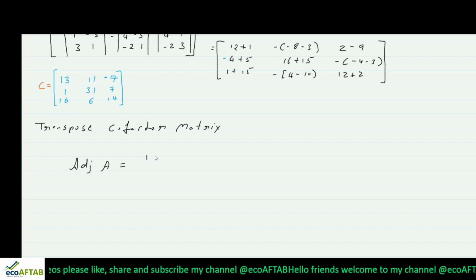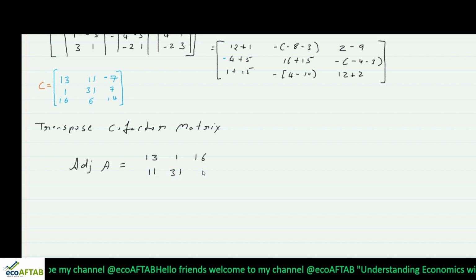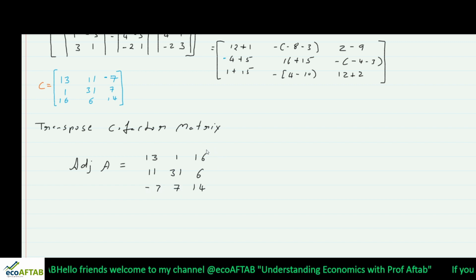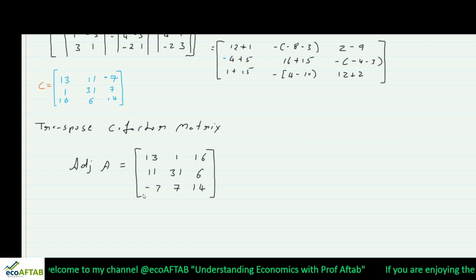So this becomes 13, 1, 16, 11, 31, 6, minus 7, 7, 14. So here we have got our adjoint of A.